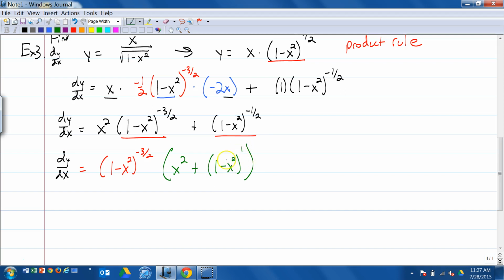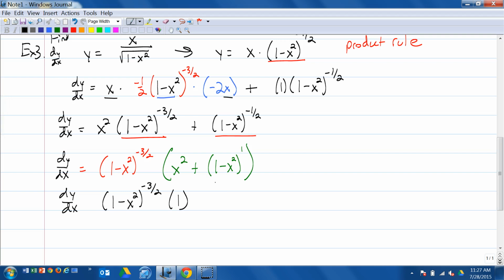We don't care, so that means that this is all not really in parentheses anymore. And then this green piece, x squared plus 1 minus x squared, is just a 1. So because we pulled this out, the other piece cancels to a 1, and we just get (1 minus x squared) to the negative 3/2 times 1, which is, again, the same thing. So that's what you can do with those.